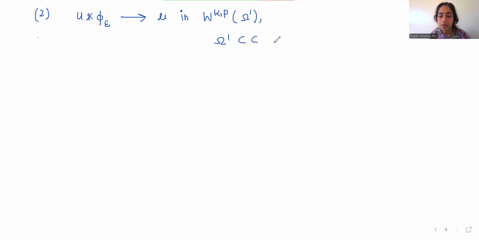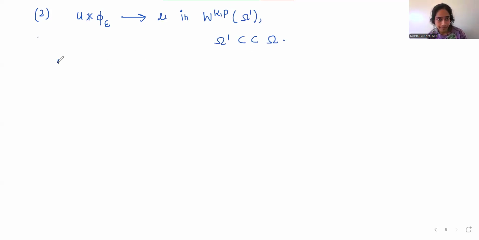And the second one is, I have to show that u convolved with phi epsilon converges to u in W^{k,p}(omega prime), where omega prime is compactly contained in omega.